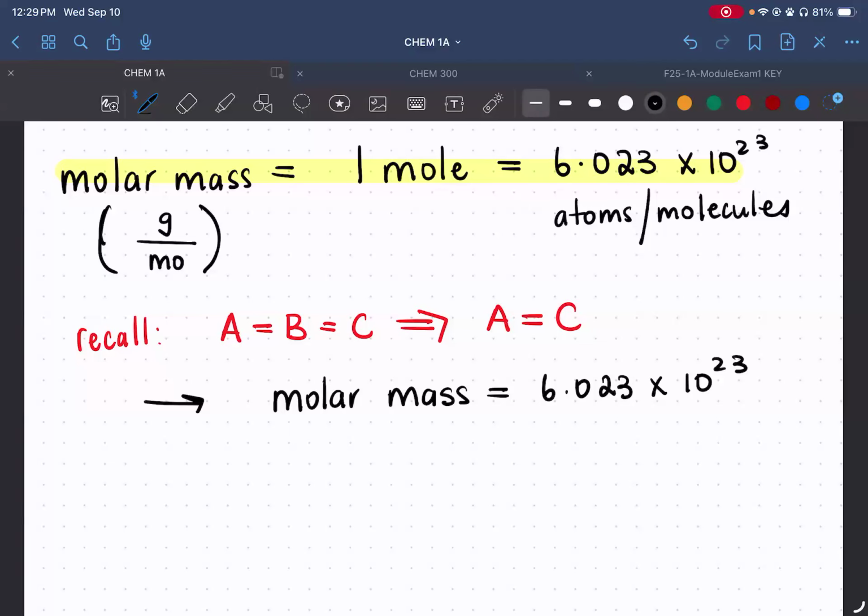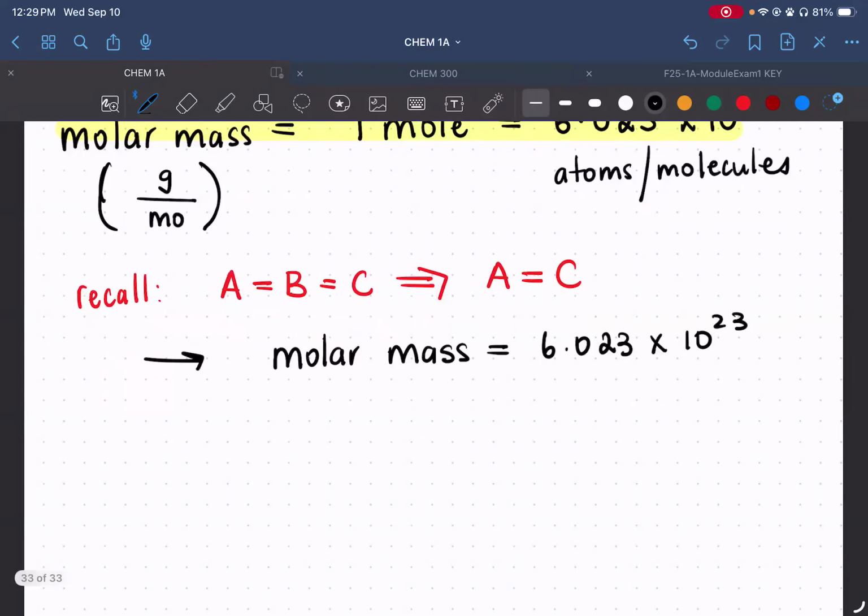How exactly do we use this in math? How do we use this in our type of questions? Well, fortunately for you, there are actually 2 formulae. n is equal to small m divided by molar mass.